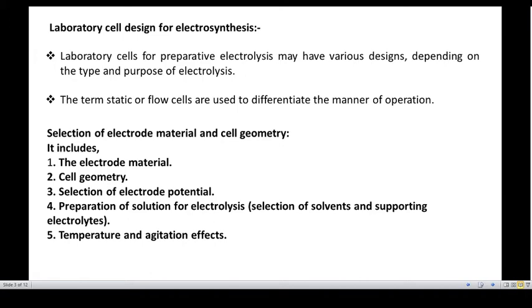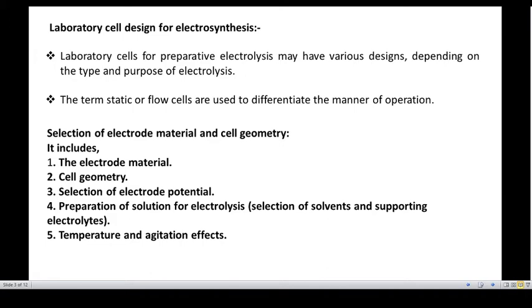Now, laboratory cells for preparative electrolysis may have various designs. It may be divided or undivided, it may have two electrodes or three electrodes, or it may consist of a single electrophore, meaning a functional group, or a reactant with multiple electrophores, meaning multiple functional groups, and so on.